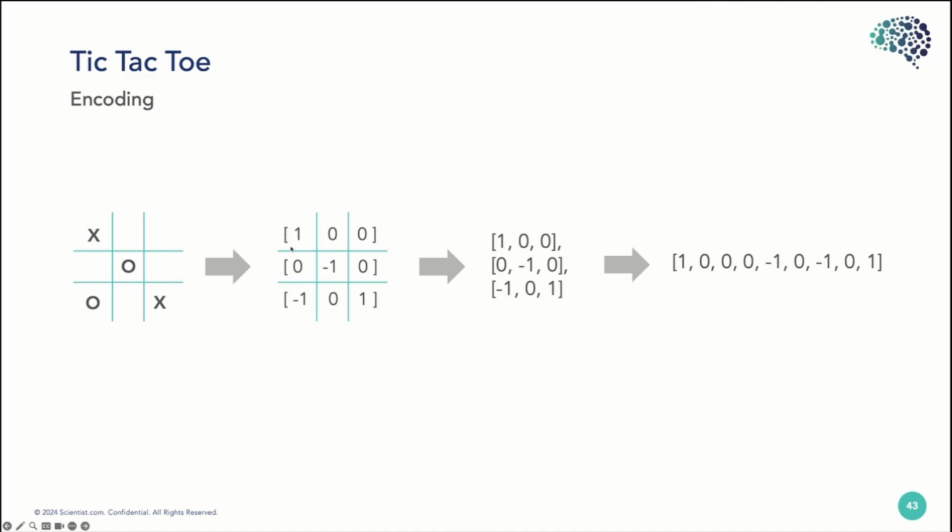I'm going to end up with 1, 0, 0, 0, -1, 0, and so on. I'm going to stretch that out so that it is a row vector, 1 by 9. And we now see why our example network had 9 input nodes and 9 output nodes. It was all sort of back-calculated from this example.